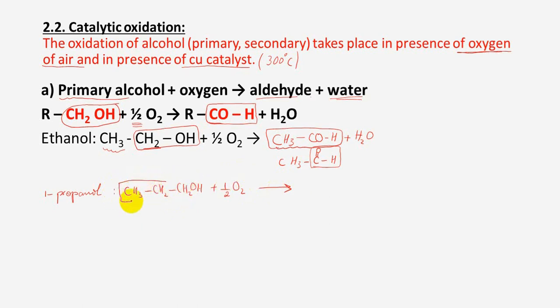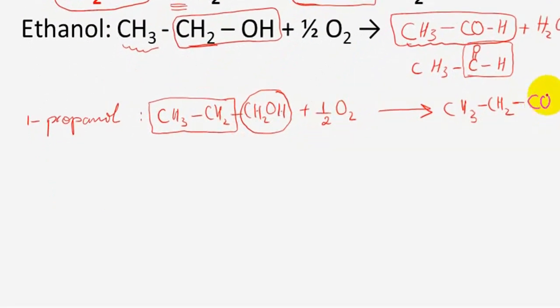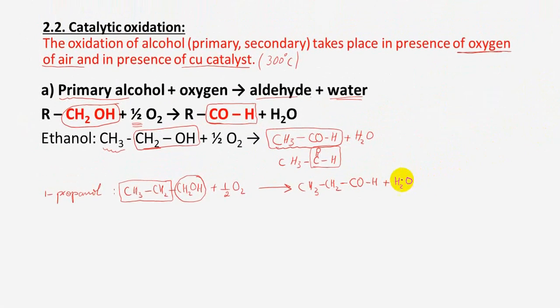This alkyl chain remains constant. We don't change this carbon chain, CH3 CH2. We only change the functional group of alcohol. It will change into C double bond O and H, plus the other product is H2O.